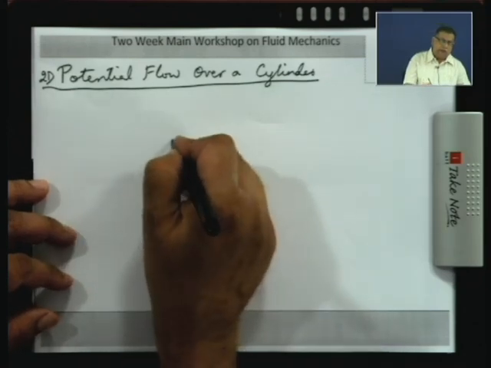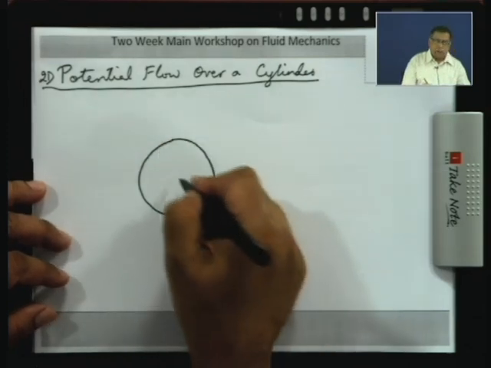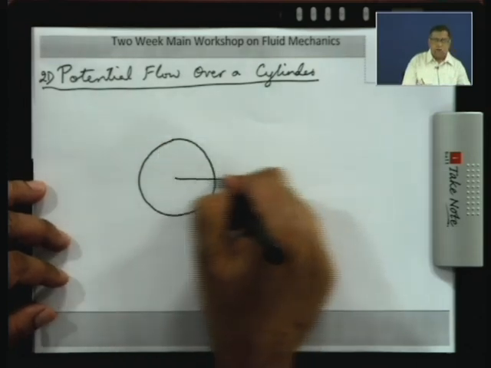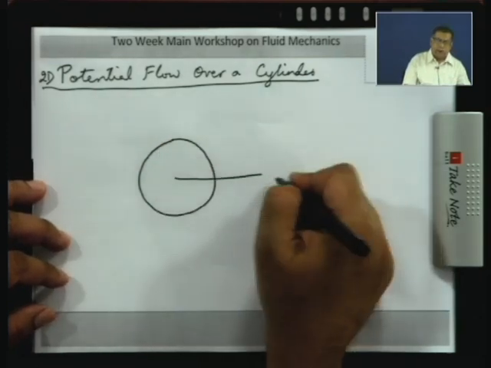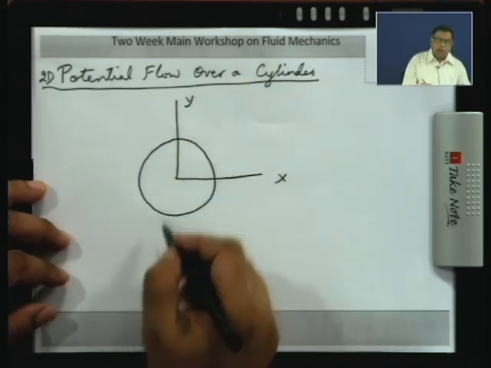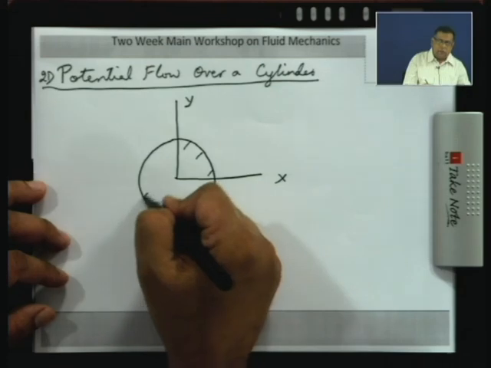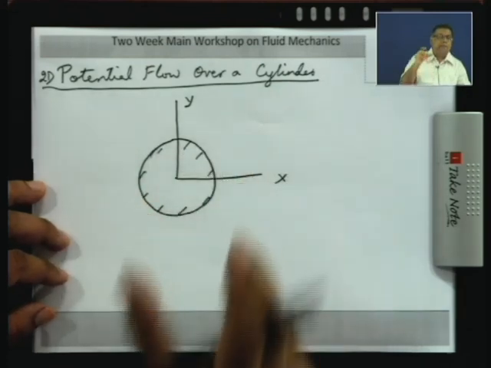So, what you have now is a solid cylinder, and we will put a coordinate system now with origin at the center. This cylinder we will consider to be a cylinder whose length is very large in the z direction.